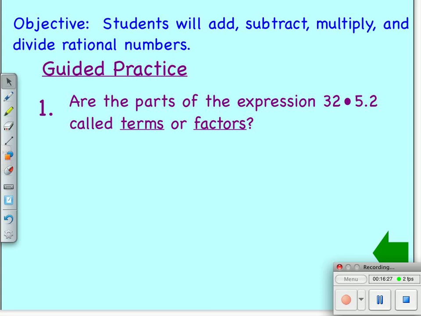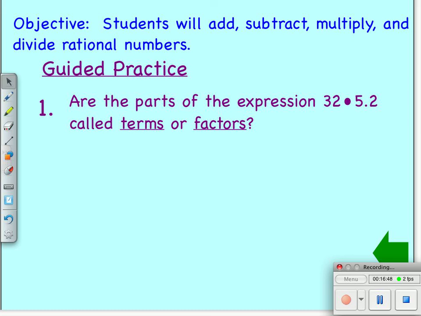So, for guided practice number 1, are the parts of the expression 32 times 5 2/10 called terms or factors? What they mean by parts is they want to know if the vocabulary that we would use for the number 32 and the number 5 2/10, would we call those two numbers terms or factors?